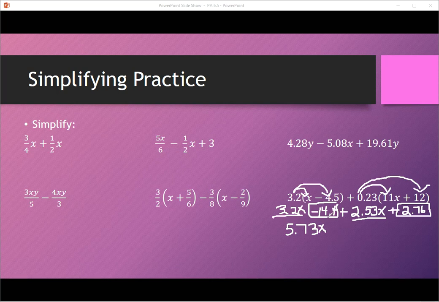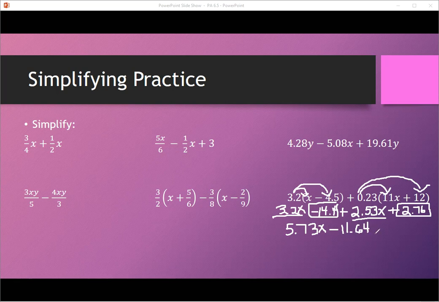Then I have negative 14.4 plus 2.76. So be careful there with your signs. That's a place where we make a mistake. Be super careful there with your signs. Negative 14.4 plus 2.76, you're subtracting, and your answer is going to be negative 11.64.